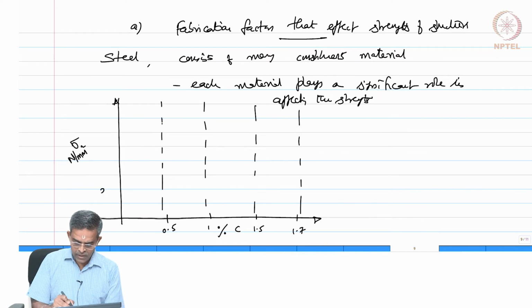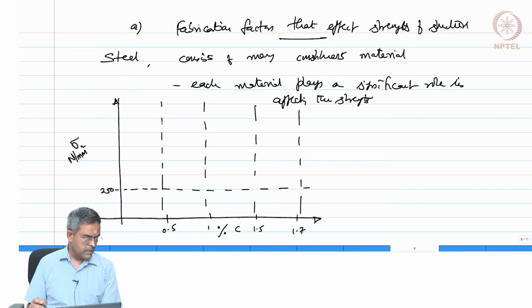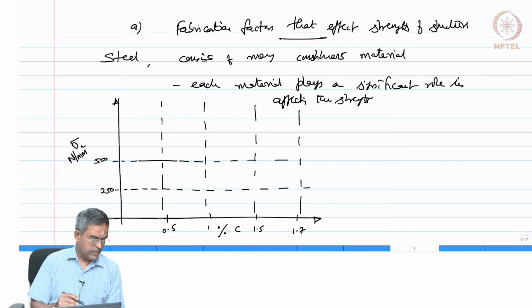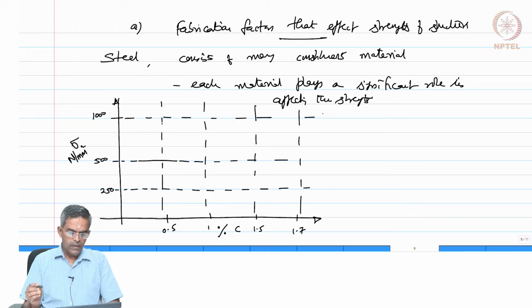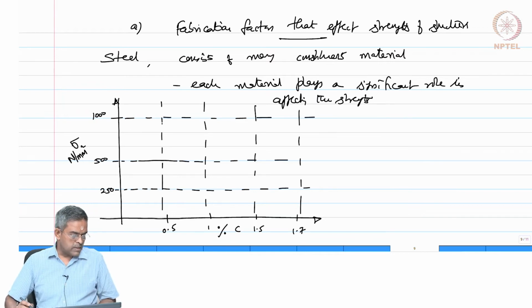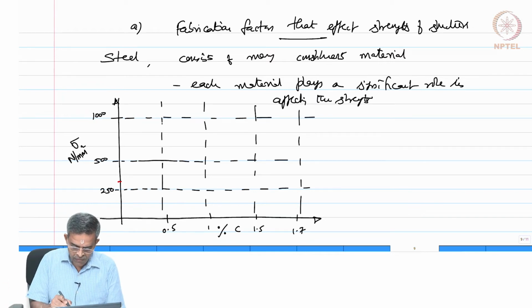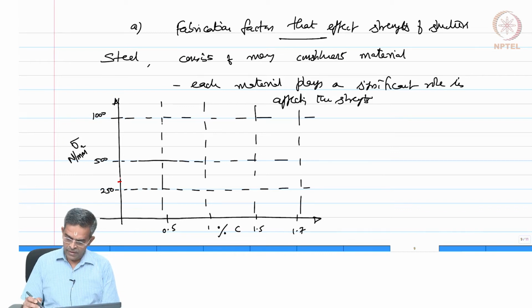Let us say this is 250 megapascal and this is 500. Let us say it goes till 1000. So, let us try to plot the tensile strength variation starting from 275. It increases with the carbon content, it goes as high as 1000, close to 1000, then drops. This is the tensile strength.